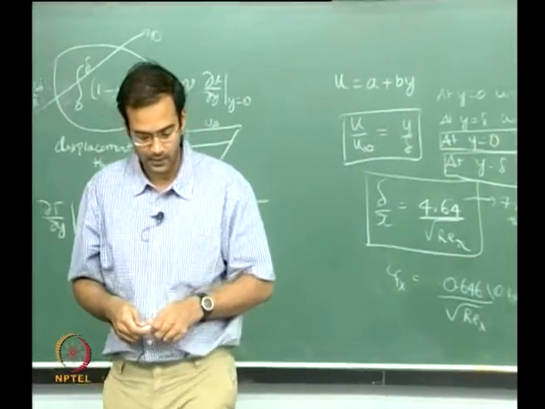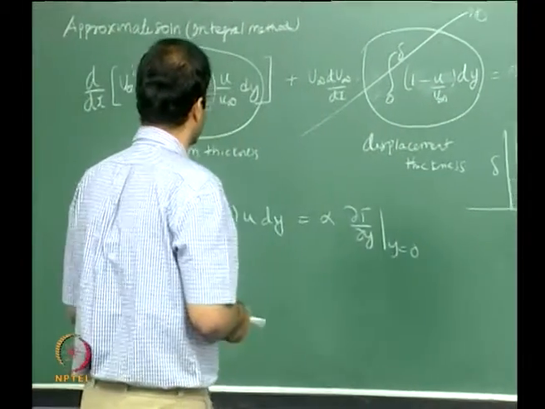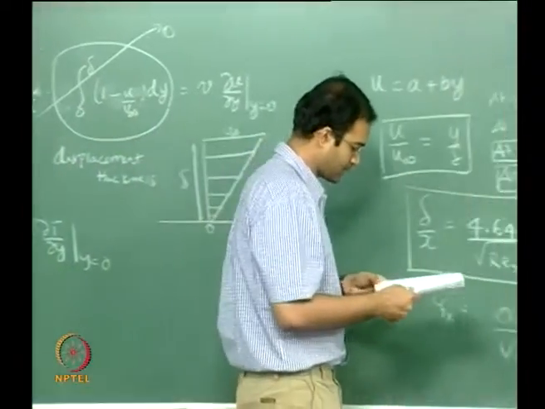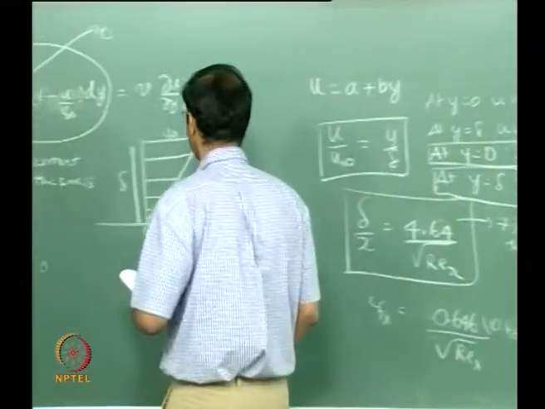So today we will look at such kind of approximations for temperature for a flat plate case. Okay, so now we will look at the thermal boundary layer on an isothermal flat plate.